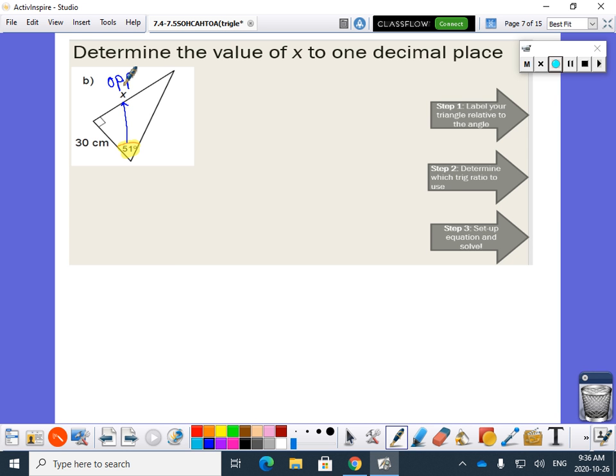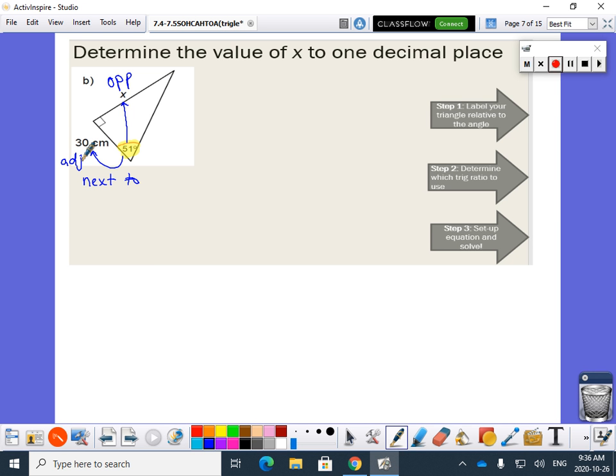Now, the side next to the angle, so next to is, wow, I'm struggling with writing next to today. Not putting the extra T in. What do we call that side? Adjacent. So I'll put it right up here. Are we okay with labeling our triangle?